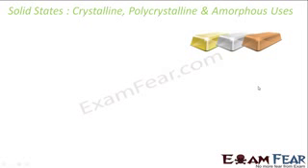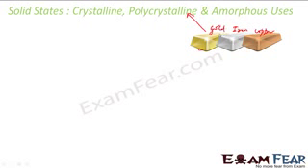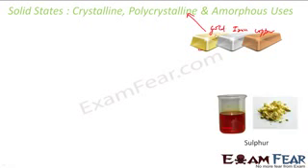We talk about metals like iron, copper, and gold. They are polycrystalline. So we talk about sulfur and silicon.